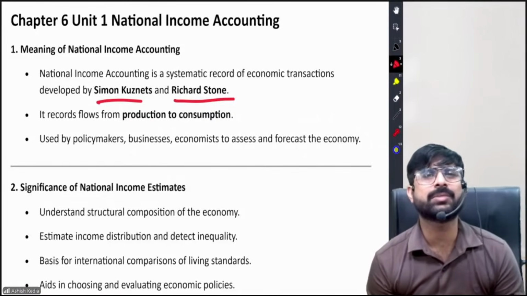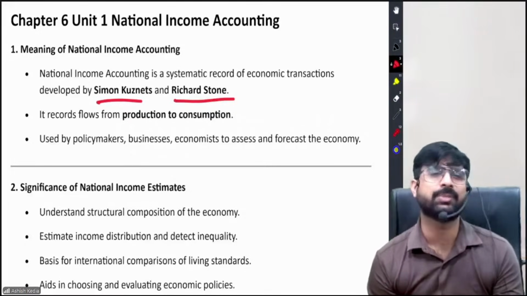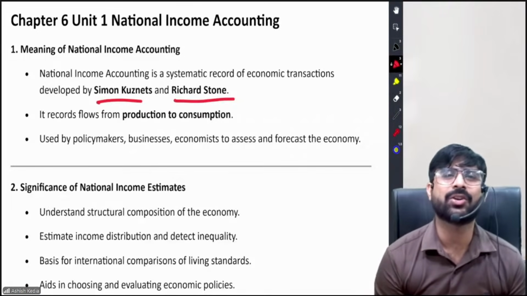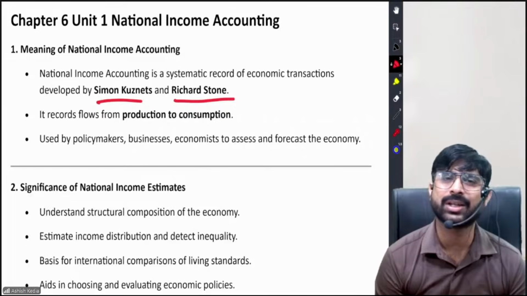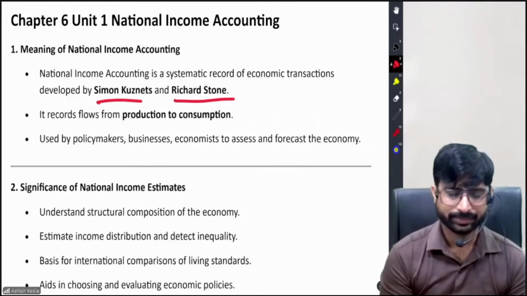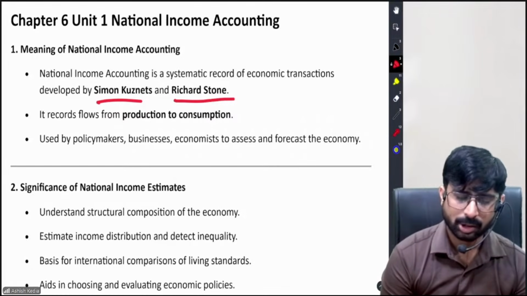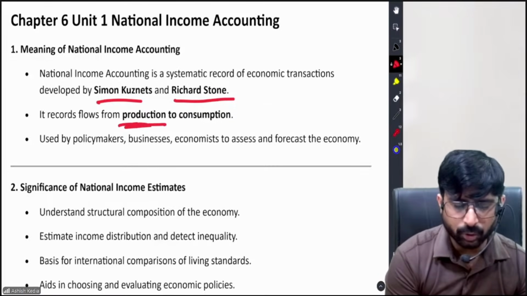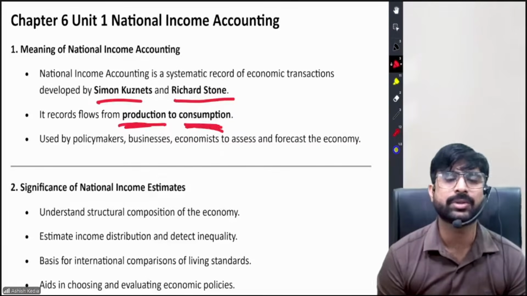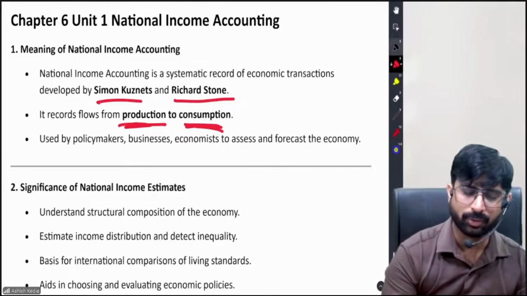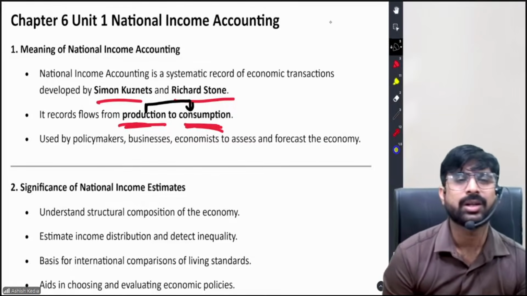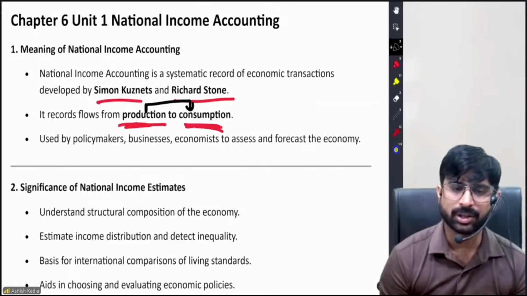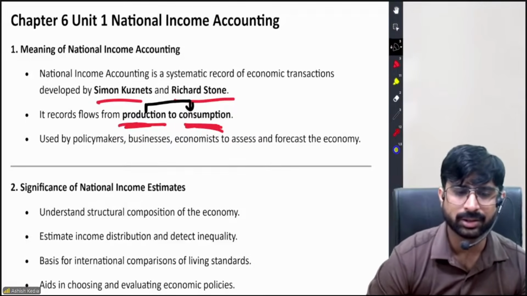What is national income accounting? Calculation of national income is called national income accounting. What does national income accounting record? It records flows from production to consumption. How resources flow from production to consumption.